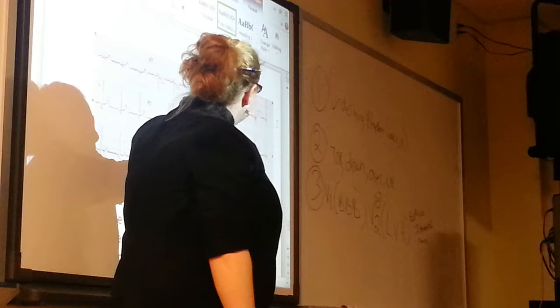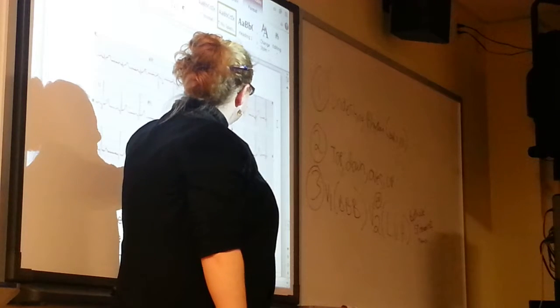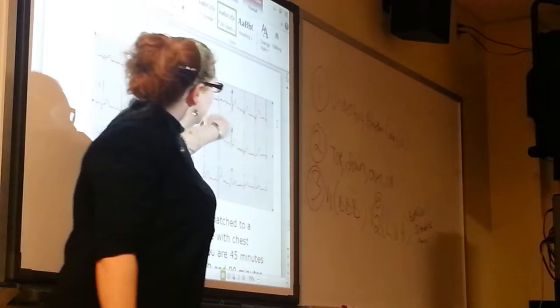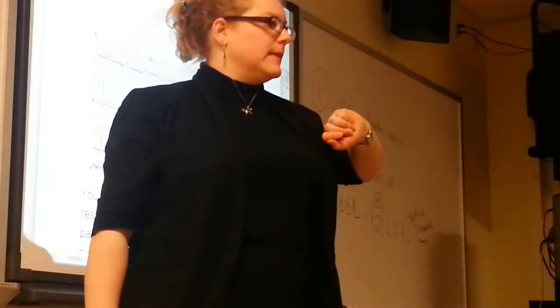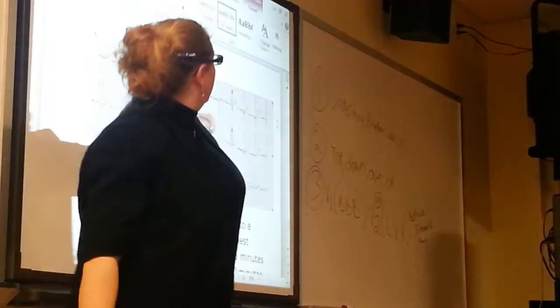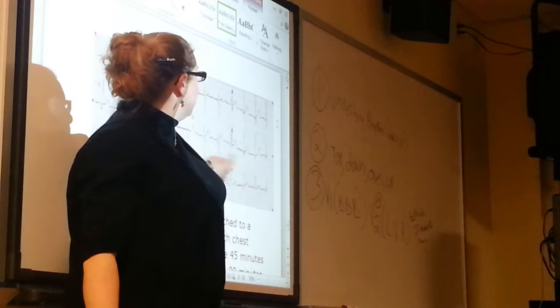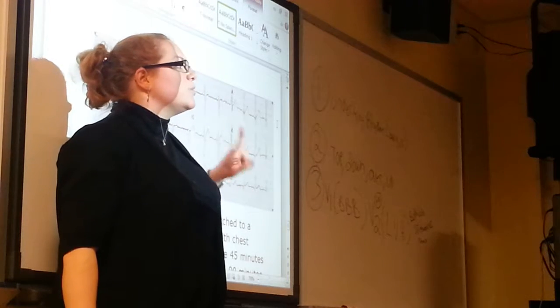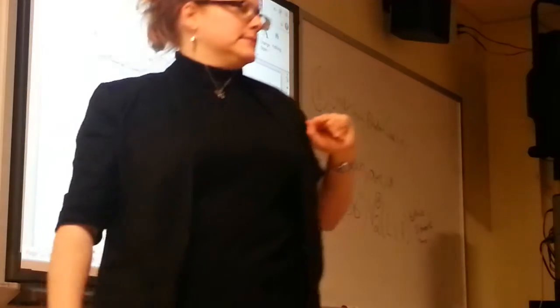When you are looking for LVH, this plus this has to be 25 or more little boxes. Let's say it again. Okay? This plus this has to be 25 or more little boxes. 25 or more little boxes is indicative of LVH. Negative deflection?